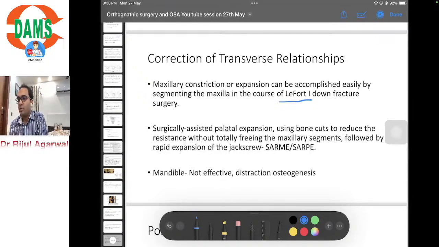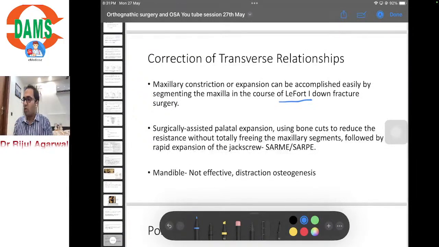Why? If we simply cut the mid-palatal suture, the maxillary bone will just tip. Because it is attached to the nasoalveolar segment from above, we need to cut that as well, so as to bring about complete expansion and prevent relapse. So the Le Fort 1 fracture along with the mid-palatal suture fracture are both done by the surgeon before correcting the transverse relationship in the maxilla.